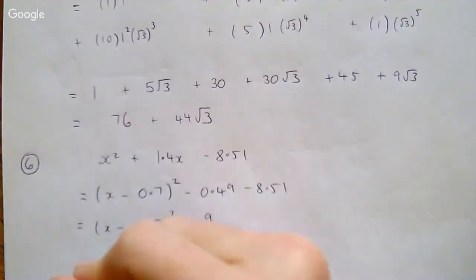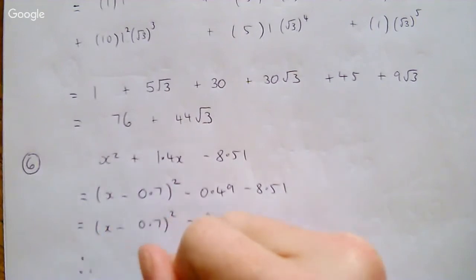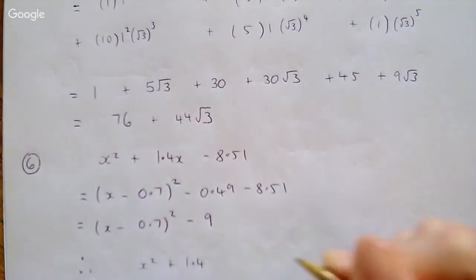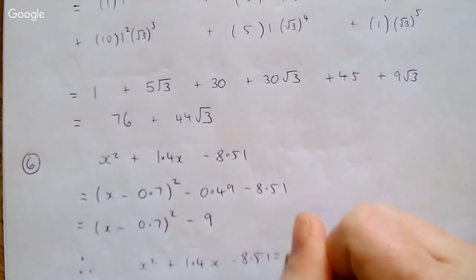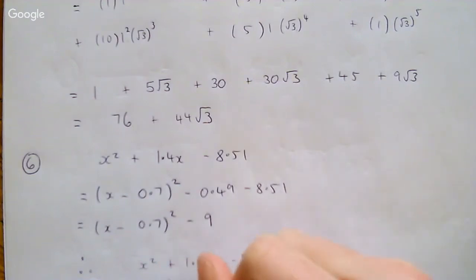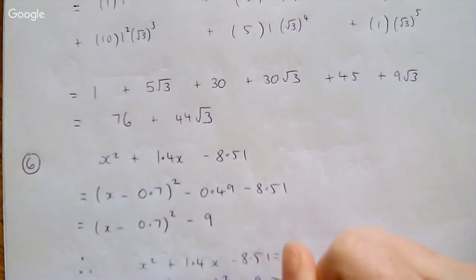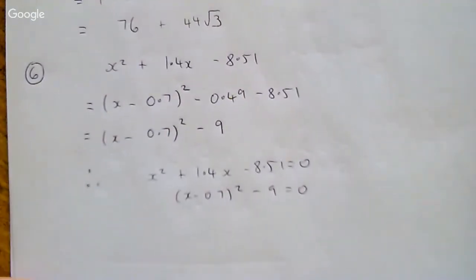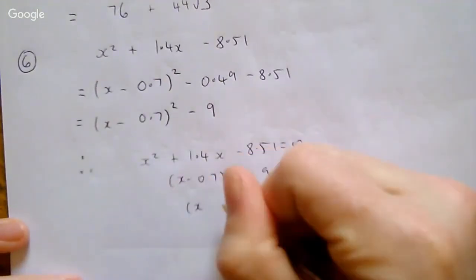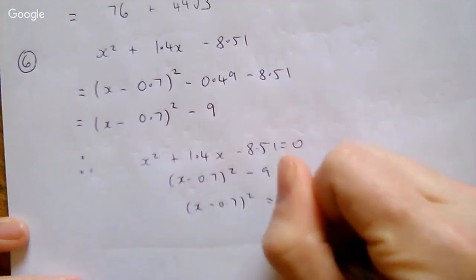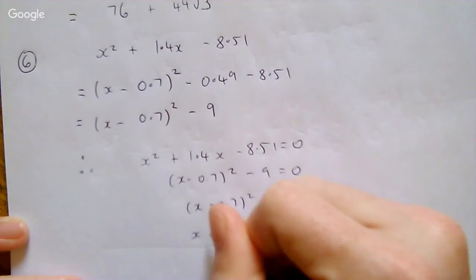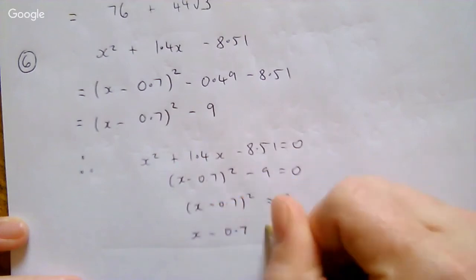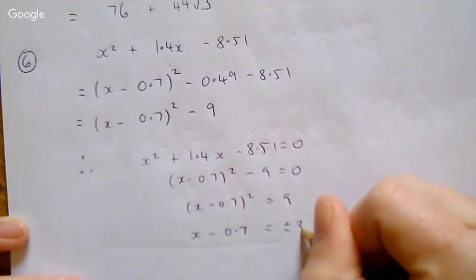Okay? So therefore, to solve this thing, this x squared plus 1.4x minus 8.51 equals 0, I'm going to change it to its completed the square version. And then I'm just going to solve it as an equation. So I'm going to take over the minus 9. It's going to become a plus 9, so just 9. Then I'm going to take this squared over, and it will become, be careful with this bit, plus or minus 3.